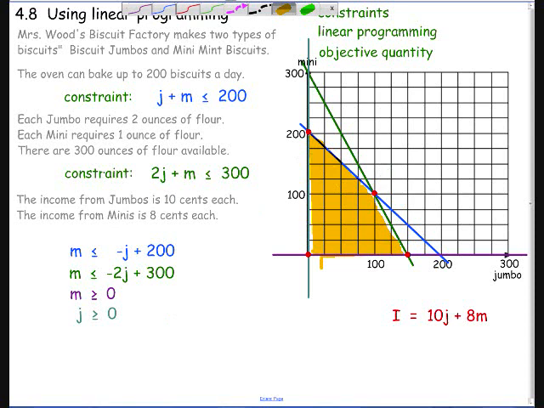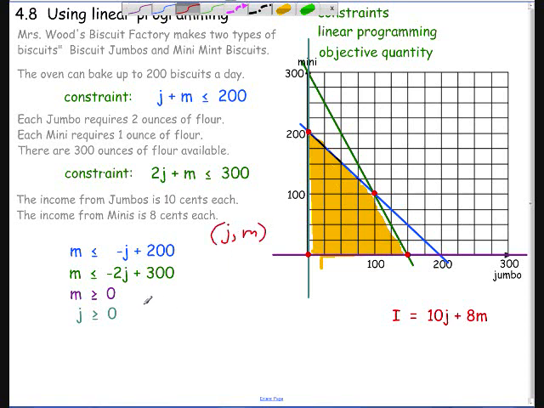We're going to use these points in this way. We're going to test every point. I'm not going to test 0, 0. I suppose I could, but if I put 0 in for J and 0 in for M, what do I get? Right, 0. So each one of our points looks like this, doesn't it?